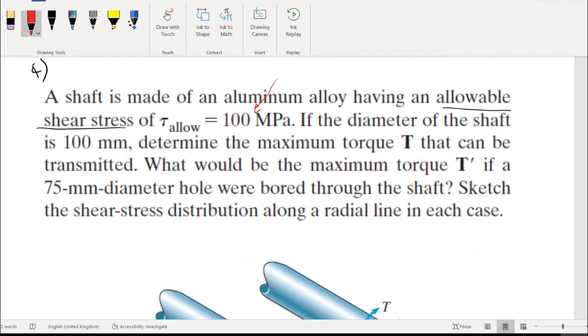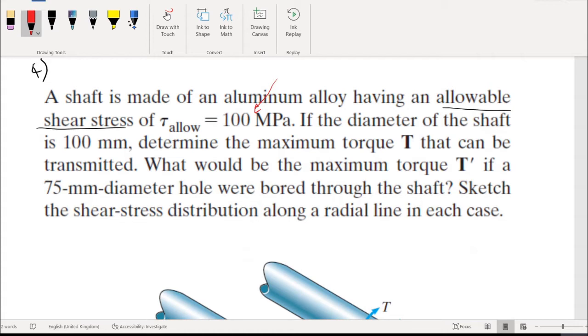The other one is ultimate strength, or laboratory strength, which is the strength due to the material, that the material can bear. But the allowable stands for the required design or working stress.